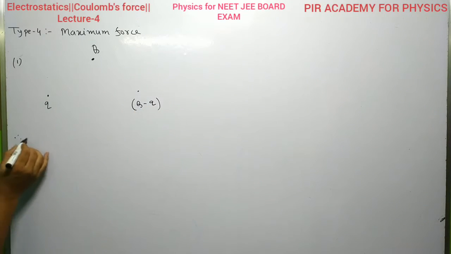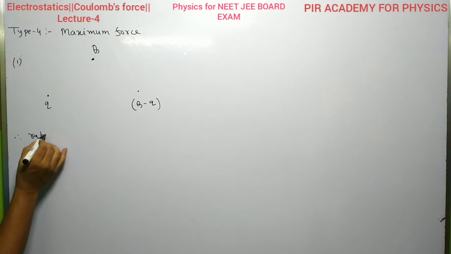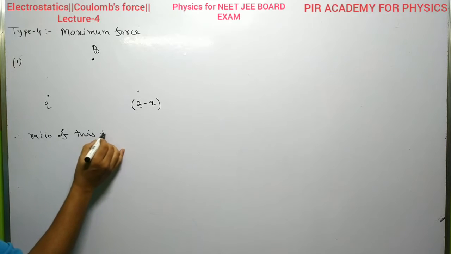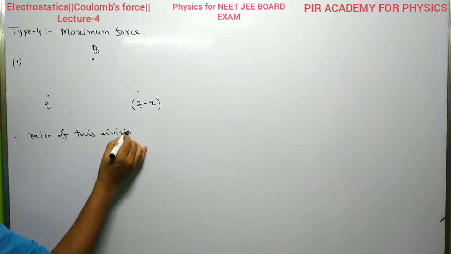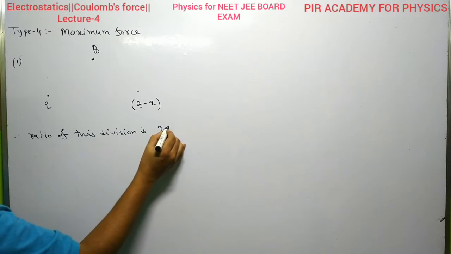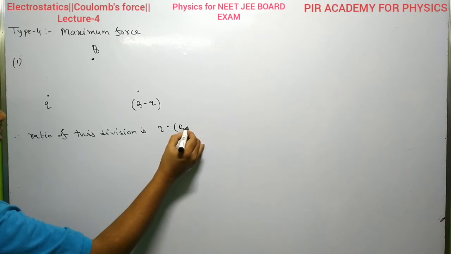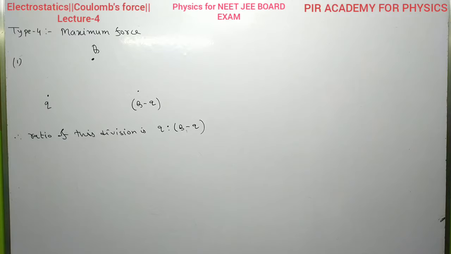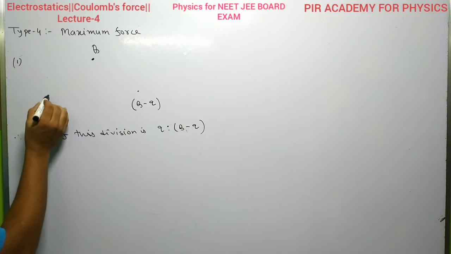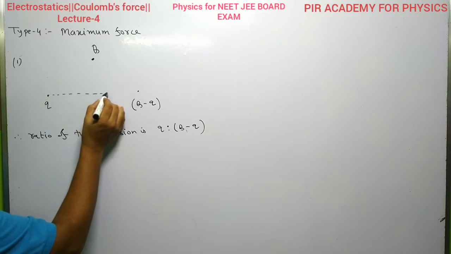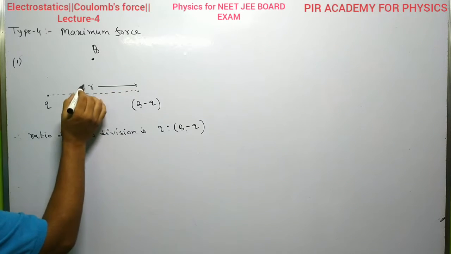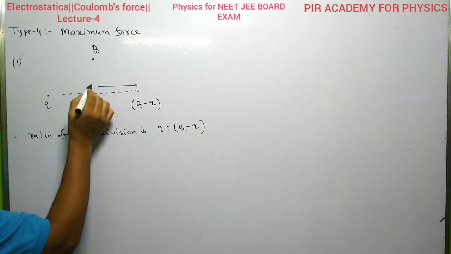So the ratio of this division is q is to Q minus q. Suppose these two charges are kept at a distance x.